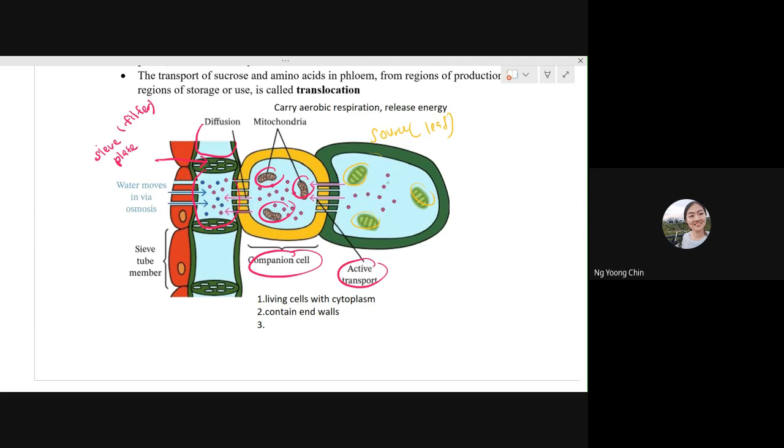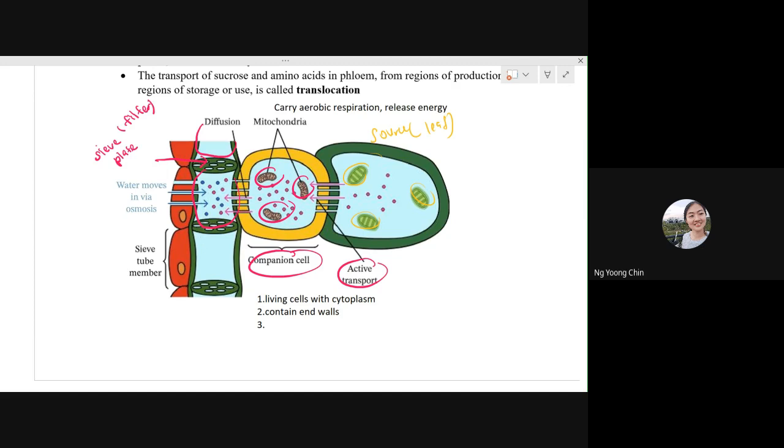After the glucose is produced in the leaf, it becomes sucrose. The sucrose will be actively transported from the source and enter into the phloem sieve tube. So they are able to do translocation. In the sieve tube cell, which is inside the phloem, translocation happens.